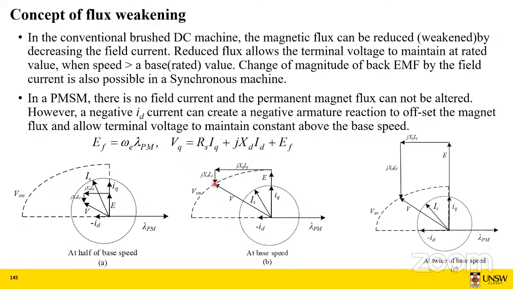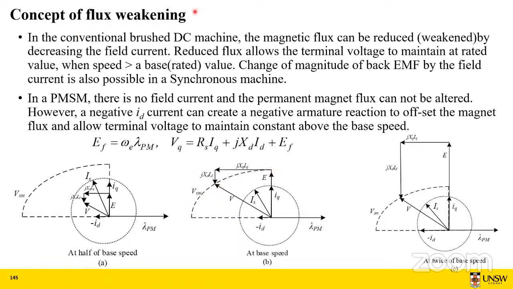But as I said, we only have limited voltage, so the ellipse that you have seen is the boundary. We cannot go beyond this, otherwise the motor will be burned. So how do we keep this growing voltage phasor within this limit?